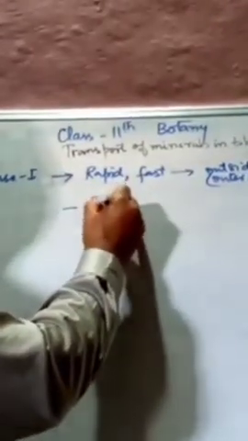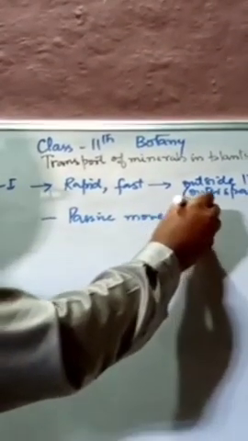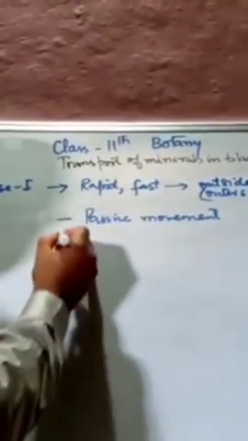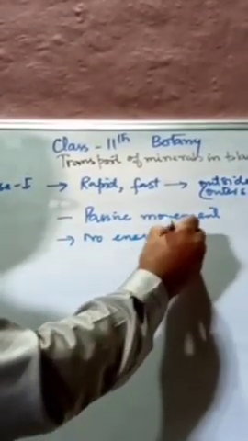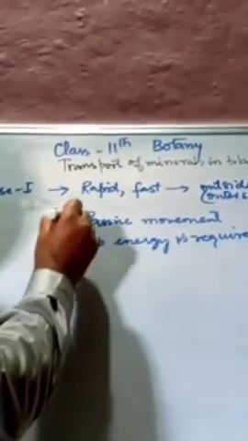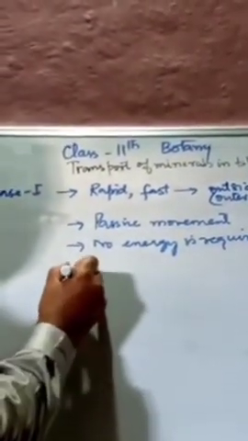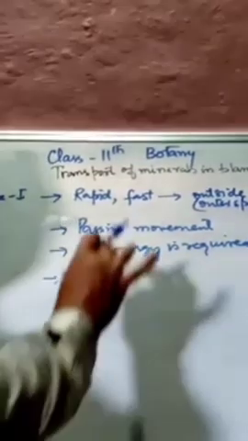Second, it is a passive movement. That means no energy is required in this movement. Fourth, this is a very much fast, rapid movement, and it takes place outside the cell.